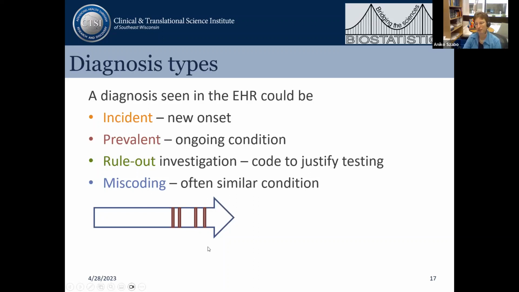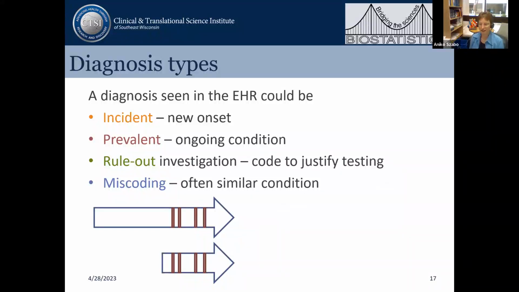So in this case, for example, I would consider, well, it looks like somebody has repeated instances of the same thing, and this very first one is probably when the disease started, and then the patient keeps having the same problem. So first it was incident, then it was prevalent.